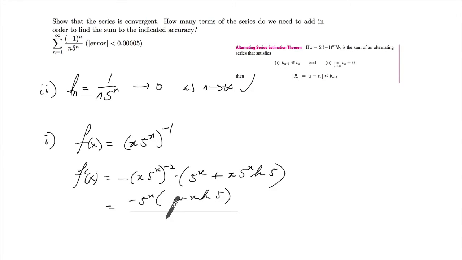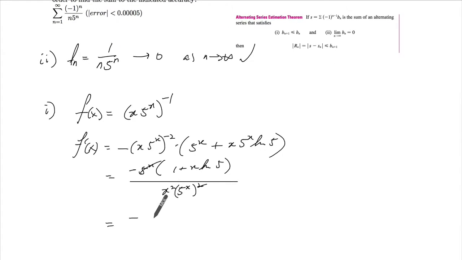Minus this goes on the bottom. Okay, so that can be reduced. So we have a minus 1 plus x ln of 5.